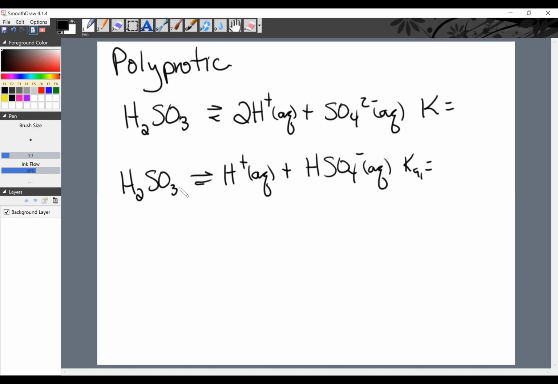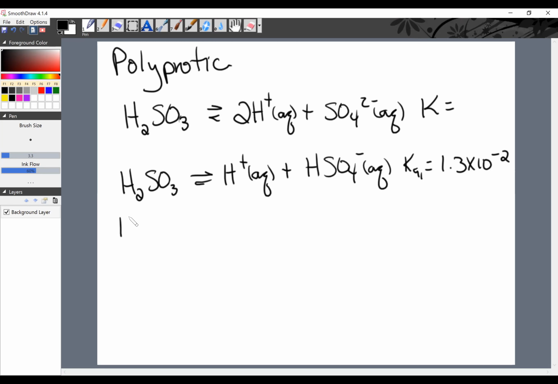All right, so for sulfurous acid, Ka1 is 1.3 times 10 to the minus 2. Now that's actually pretty close to 1. That is actually much stronger than the other ones that we've been playing with, but still considered a weak acid.